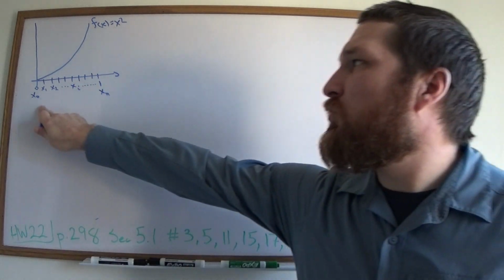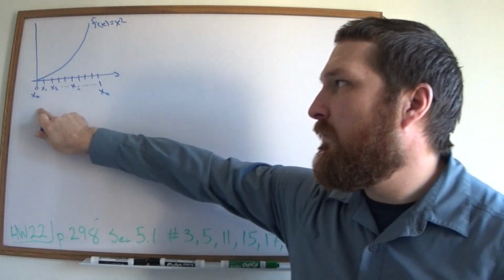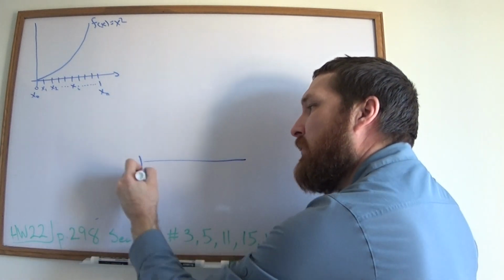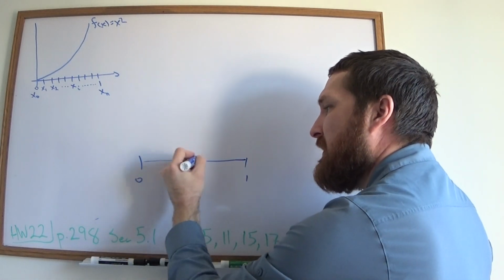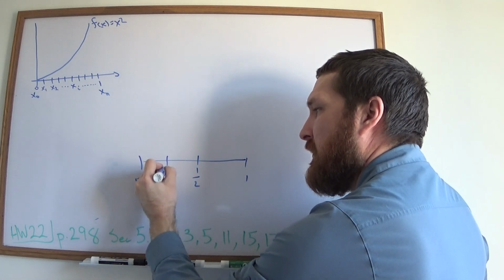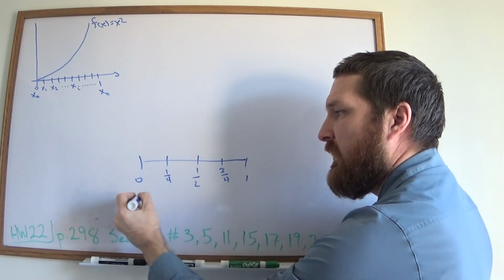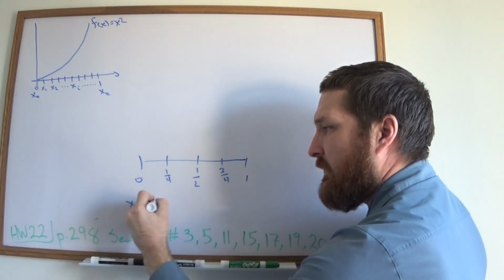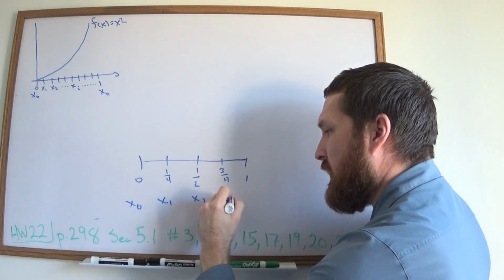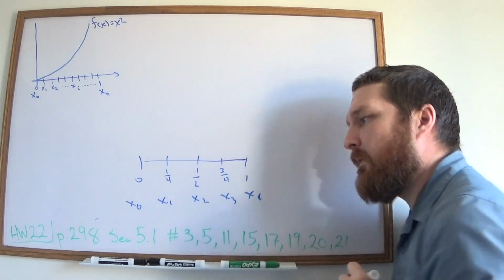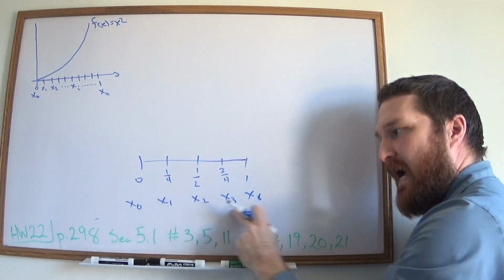Notice there's n plus 1 points here, right? Just like when we chopped up 0 to 1 into 4 pieces, we had x0, x1, x2, x3, x4. That's a total of 5 points right there.